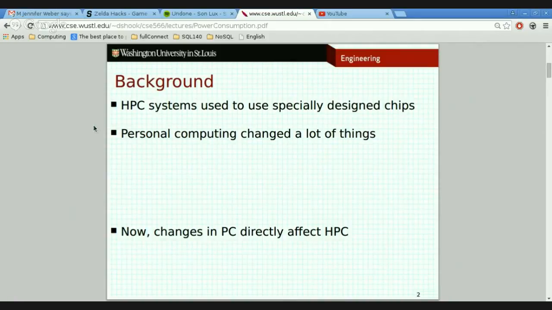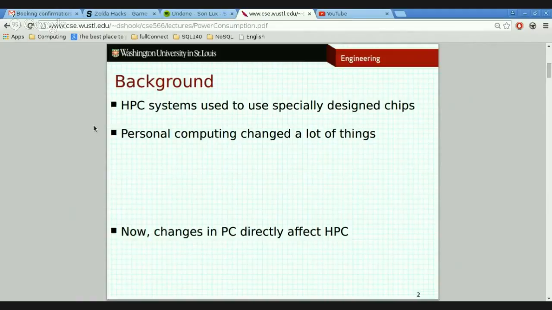But somewhere in the mid-90s or so, all of that changed. So personal computing came along, and that really had a large effect on the high-performance computing community as well. Again, it was late 80s, early 90s when everybody started to have their own computers. And so the chips that were being developed for these consumer-grade machines really exploded in quality and quantity, of course, as well.